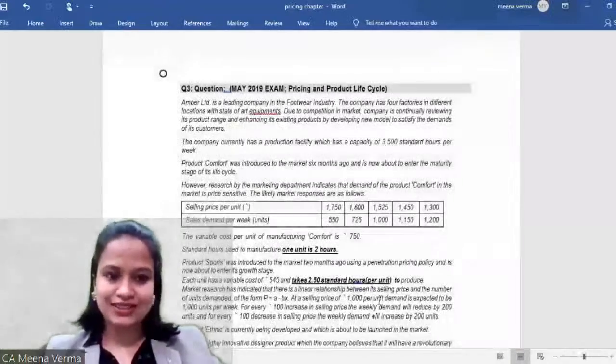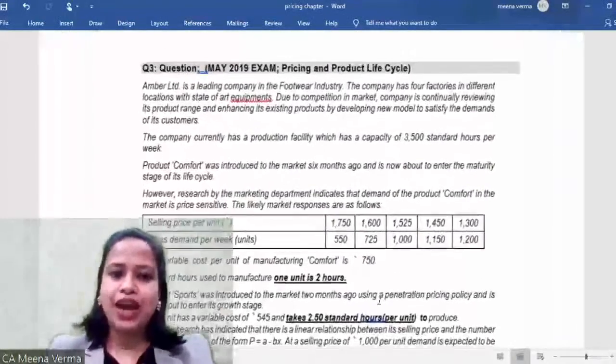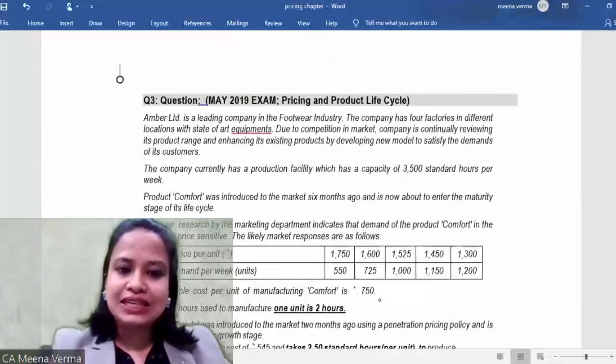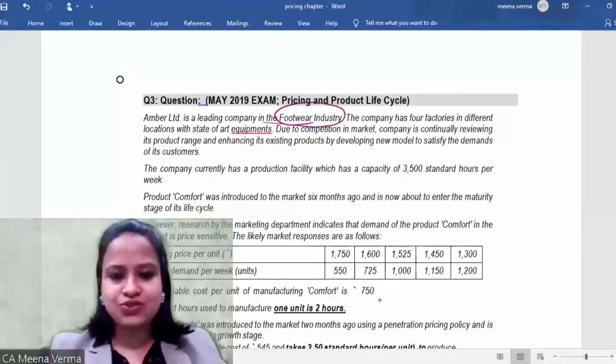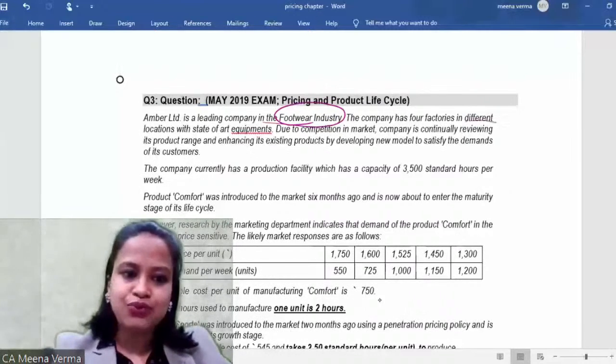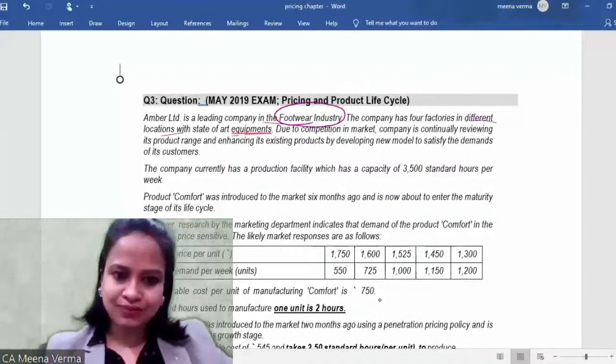We have a company, Amber Limited. Amber Limited is a leading company in the footwear industry. The company has 4 factories in different locations with state-of-the-art equipment.